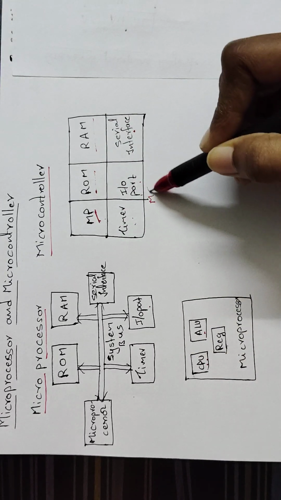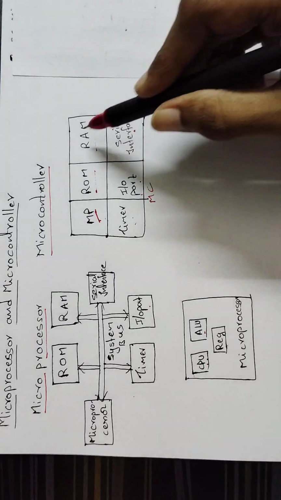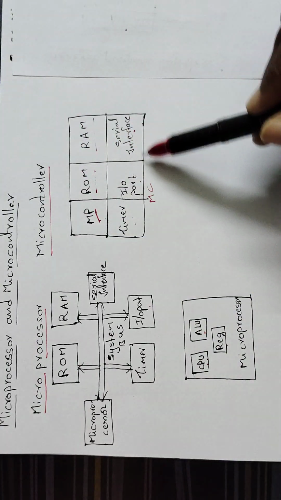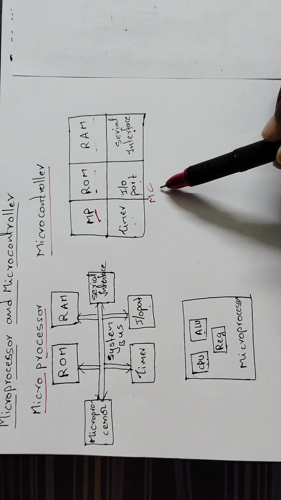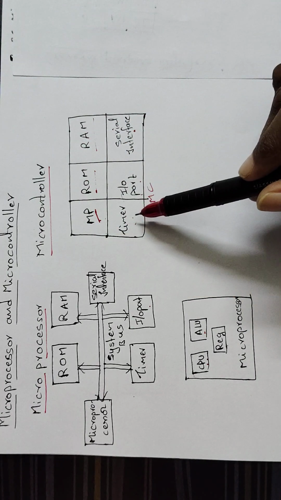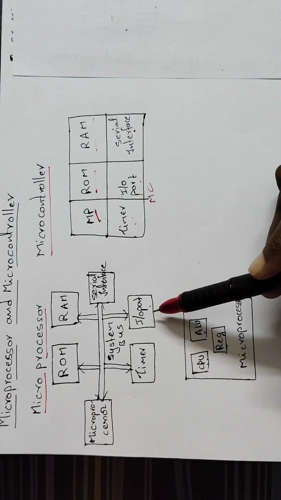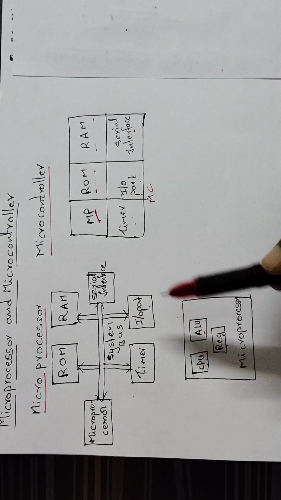So this is a microcontroller. The design of a microcontroller consists of all these parts, whereas for the microprocessor we have to interface them externally.